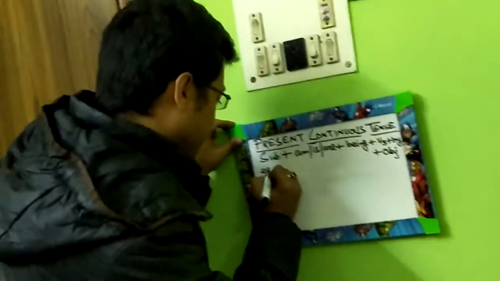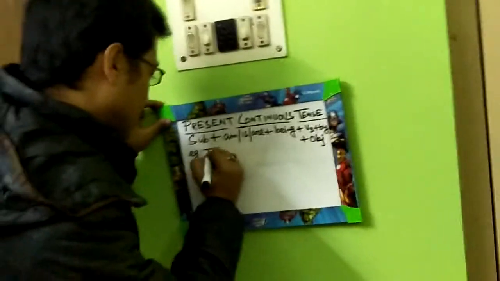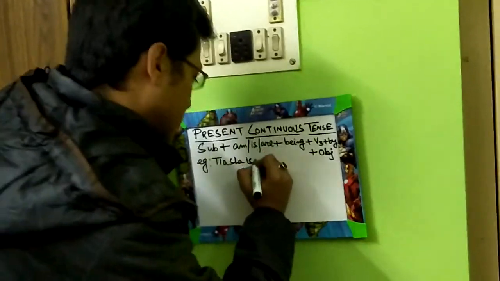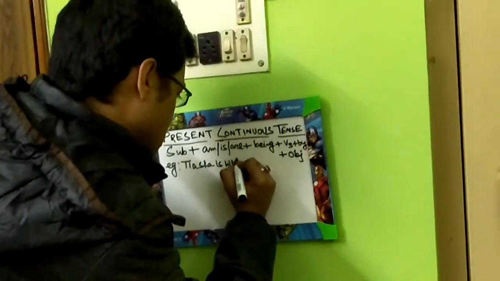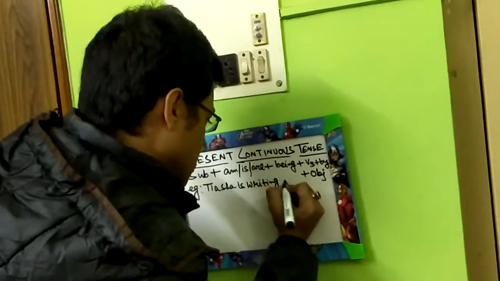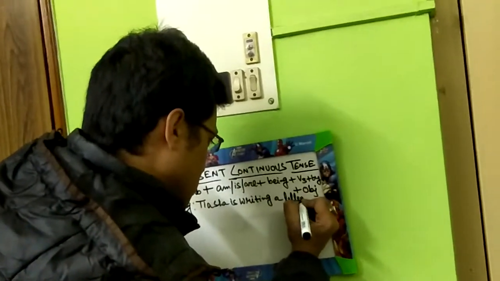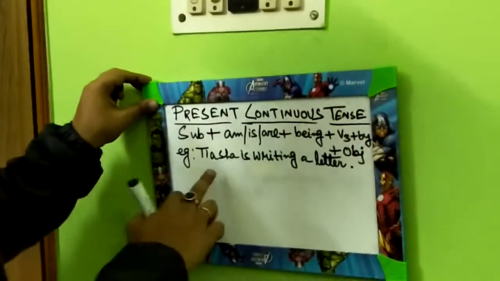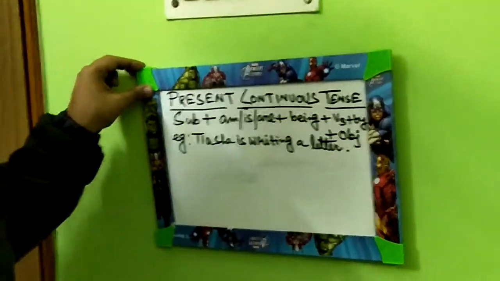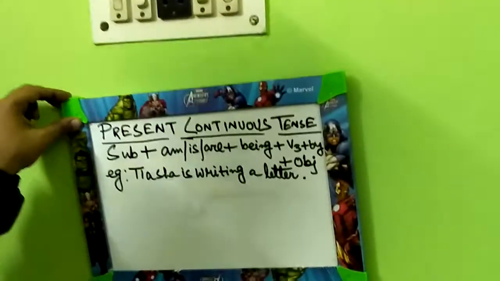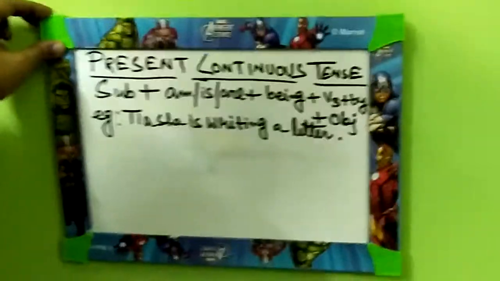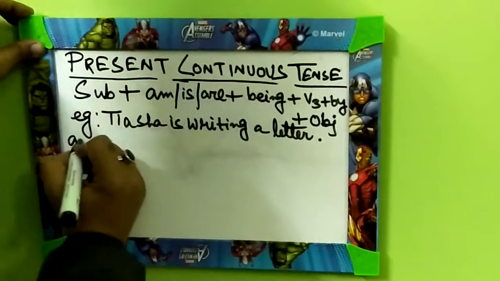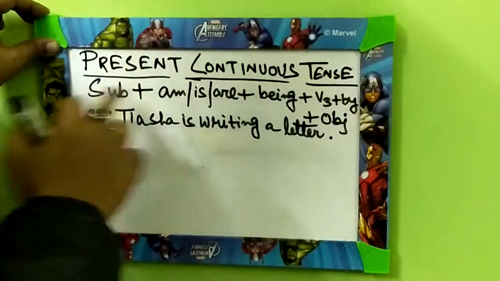Let's take an example. Tiasha is writing a letter. So this sentence is in present continuous tense and is in active voice. So how can we change this sentence from active to passive? Just by using this formula. What will be the answer then, according to the formula?